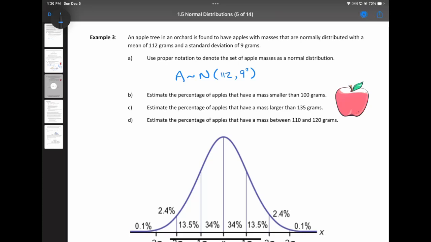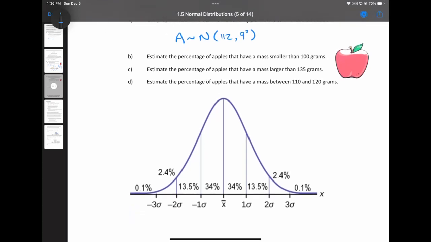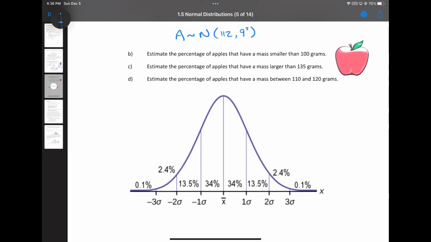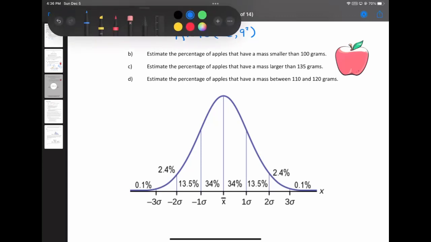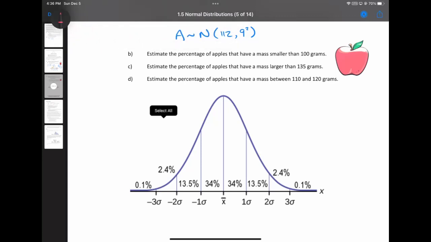Okay, and now given that, we want to find out the percentage of apples that have mass smaller than 100 grams, larger than 135, or between 110 and 120. So I'm going to change colors again and draw those areas on my graph.